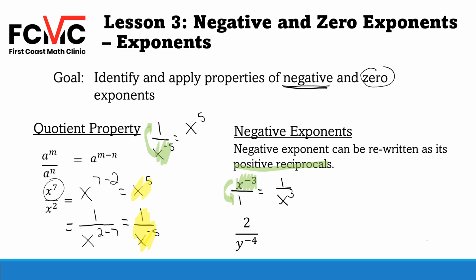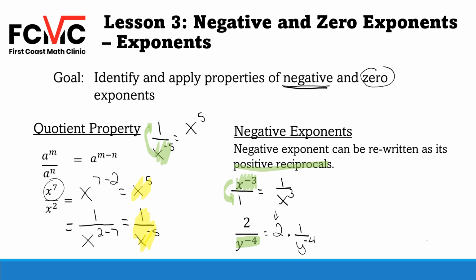What if I have something like this, 2 over y to the negative 4th? What is that negative exponent on? That negative exponent of 4 is just on the y. So we could think about this as 2 times 1 over y to the negative 4th, if you want to think about it like that. This 2 is going to stay where it is.